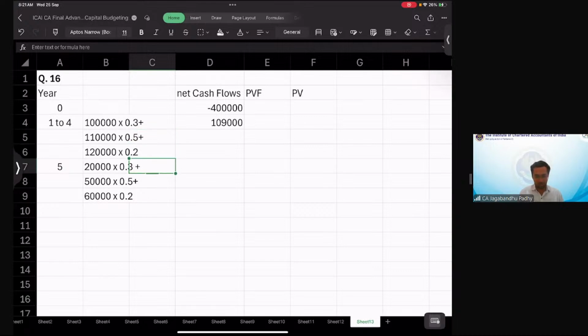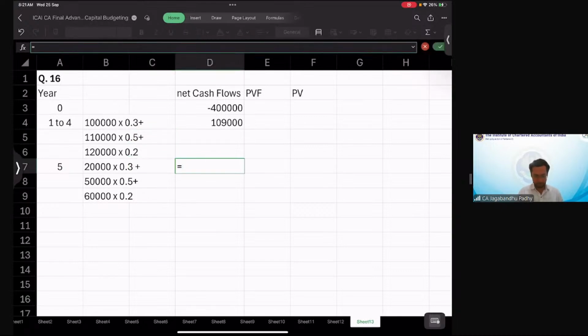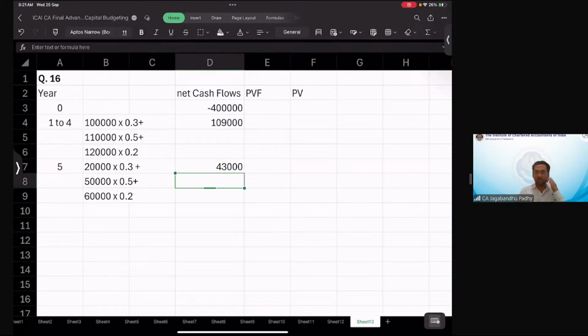So this will work out to be 20,000 into 0.3 plus 50,000 into 0.5 plus 60,000 into 0.2. That's 43,000 expected cash flows.